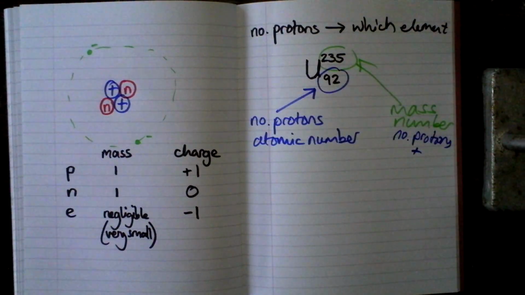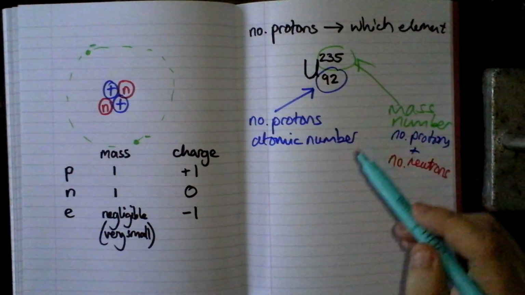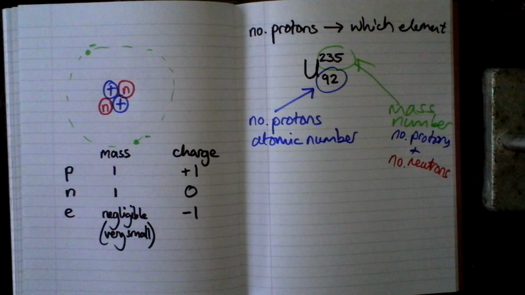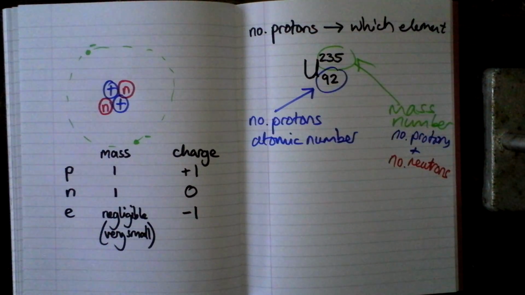So that tells me exactly how big this nucleus is. And if you take this number away from that number, you can work out that uranium-235 must have 143 neutrons. So the mass number tells me how many protons and neutrons together. The proton or atomic number tells me how many protons.